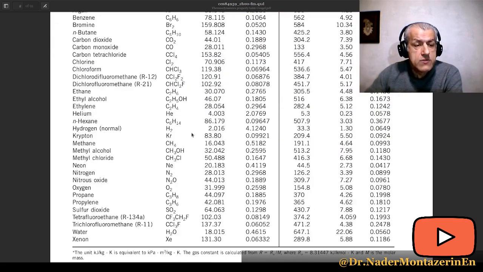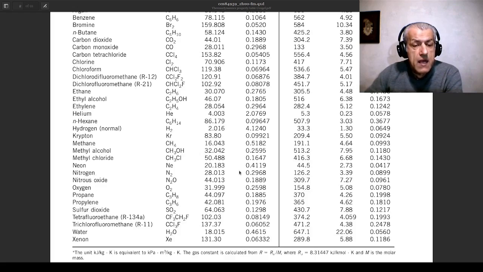For our problem, we have neon in this line, oxygen in this line, and nitrogen here, and we can just read these values and transfer them to our table.